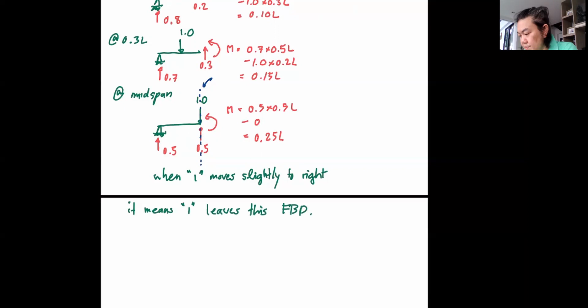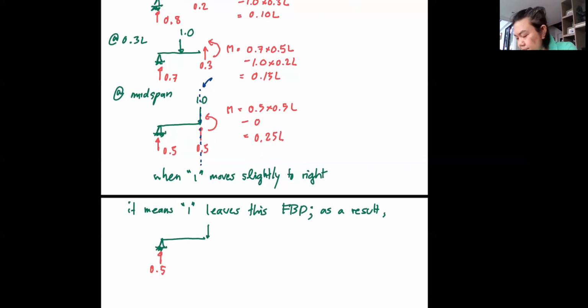As a result, you have this instead. Now the unit load is just off, it's somewhere around here, but it's not on the free body diagram anymore. Now the unit load is not on the free body diagram anymore.